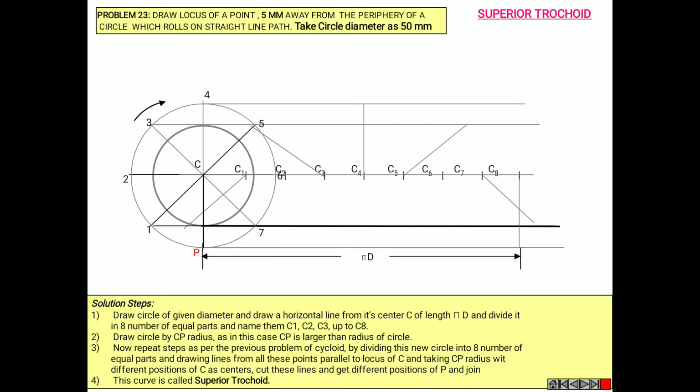And mark all the points clearly so that it is visible to you to draw your curve. So marking is finished, and mention them as P1, P2, P3 and so on up to P8.